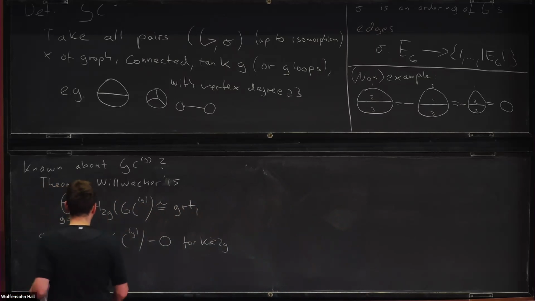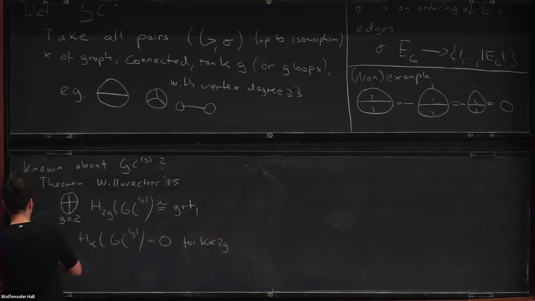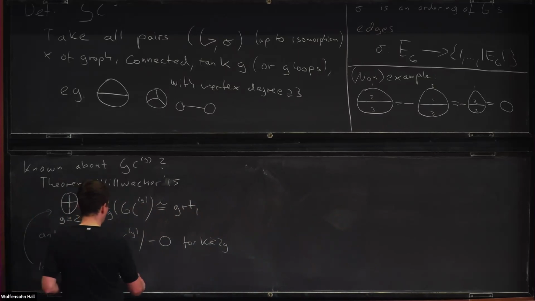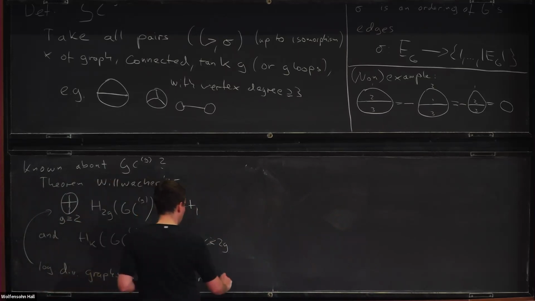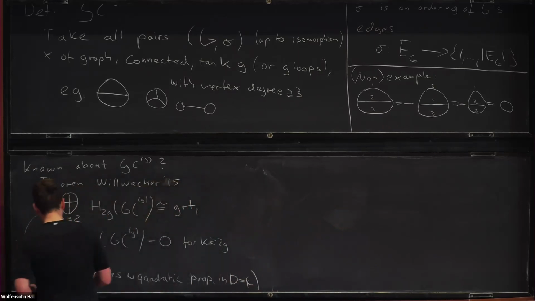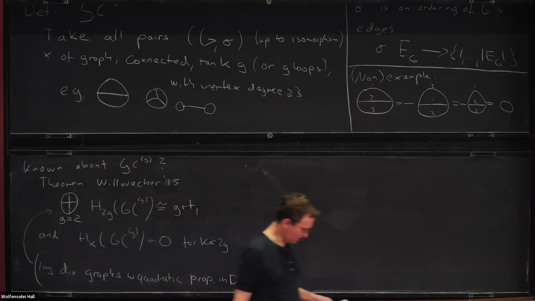So the special thing here can be interpreted physically as a statement on log divergent graphs with quadratic propagators in d equals 4. This is just a side remark for physicists.